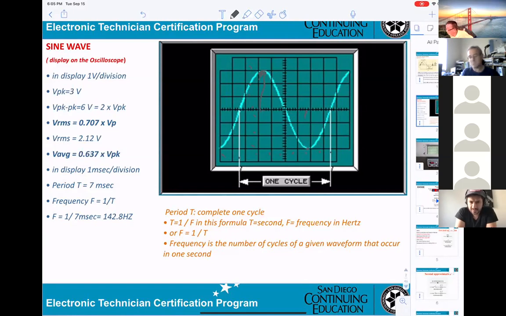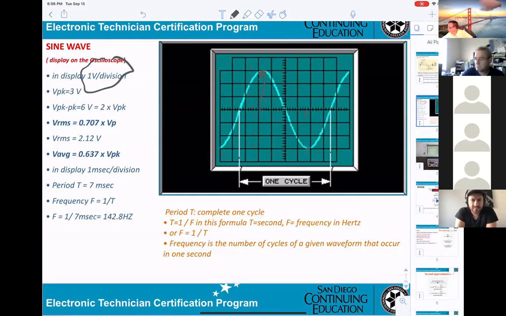Now, here they give a display of 1 volt per division, and for V peak you can count 1, 2, 3 divisions. So that's why you get 3 volts.